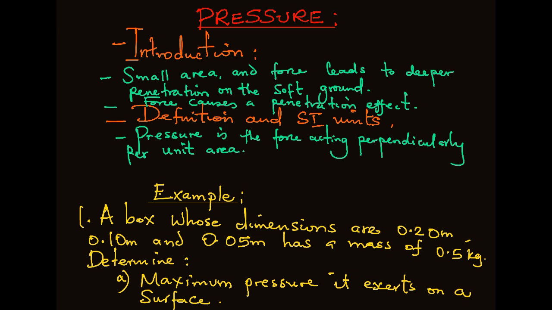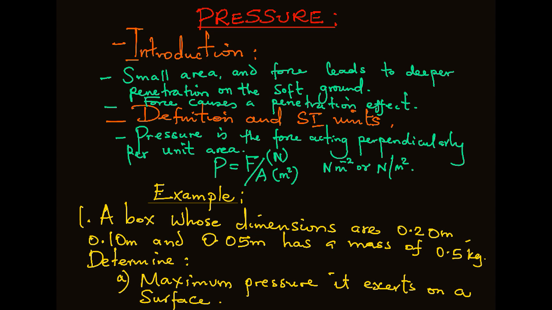From the definition, pressure P is equal to force F over area. Force is measured in newtons, area is measured in square meters, and therefore the SI unit of pressure is given by the SI unit of force divided by the SI unit of area, which is Newton per meter squared.